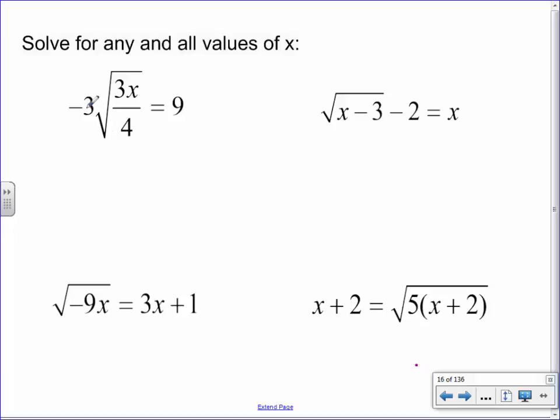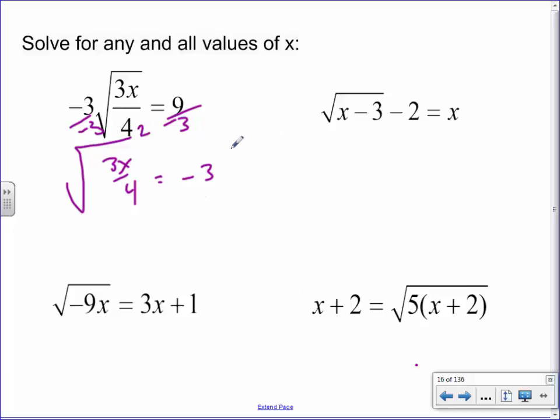All right, let's try this first example. I've got a square root right here. I could get rid of the square root by squaring both sides, but maybe it's not quite the right time yet, because there's this leading coefficient of -3 out front. That -3 would be flipping your graph upside down and making it taller. Well, I could just divide both sides by -3. Then you'd have the root of 3x over 4 equals -3. Now's an opportune moment, a good time to square.